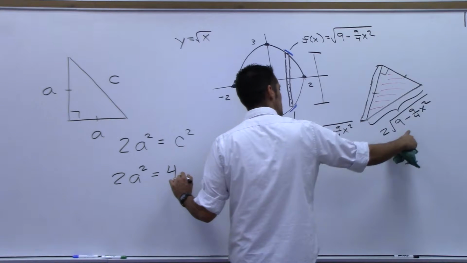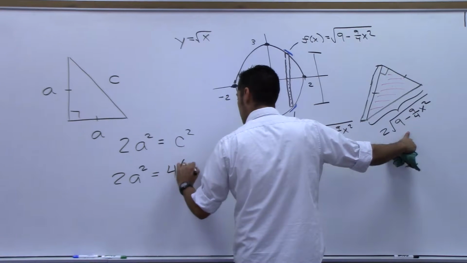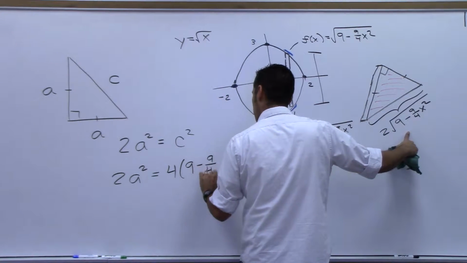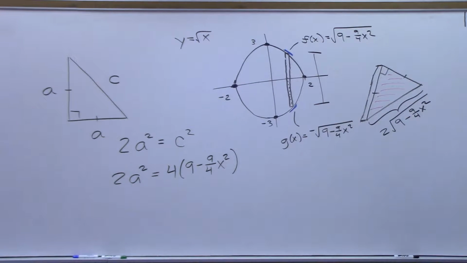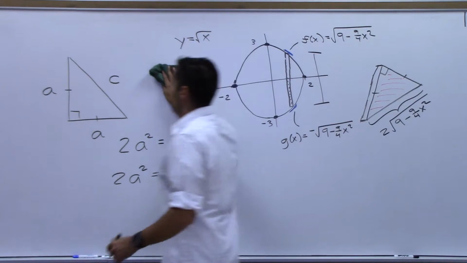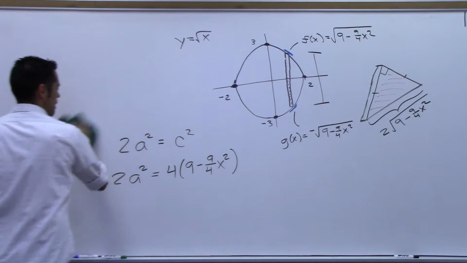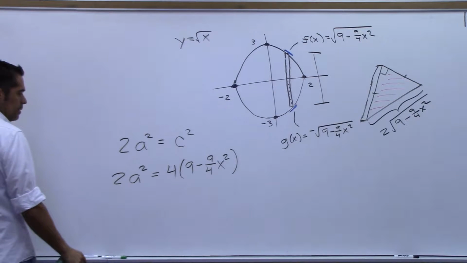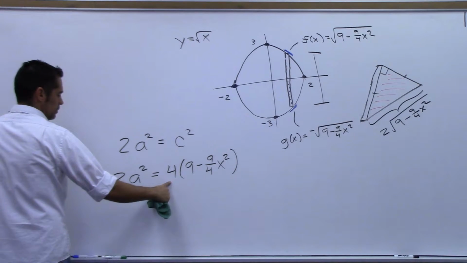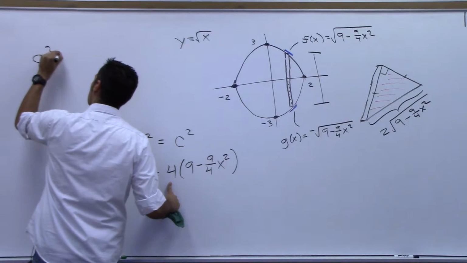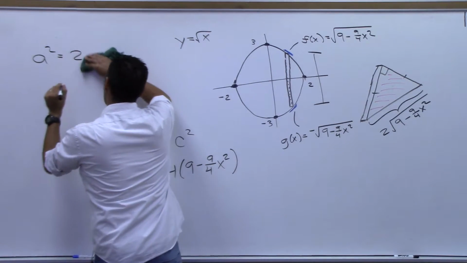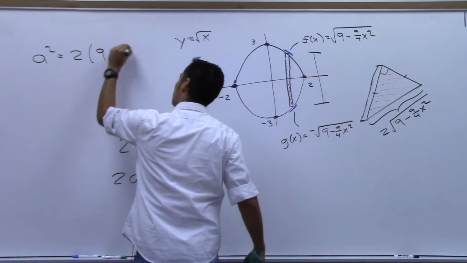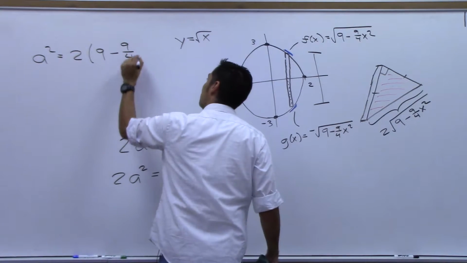4, and then what happens when I square the root? Goes away. 9 minus 9/4 x squared. Divide by 2. What do you get when you divide by 2? You get A squared is 2 times 9 minus 9/4 x squared.